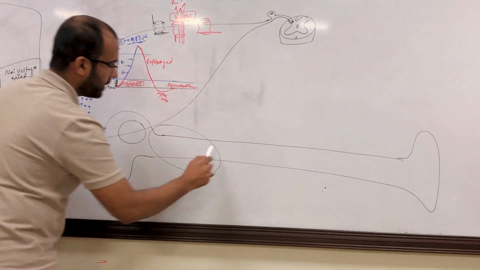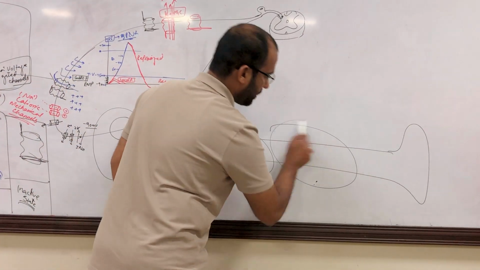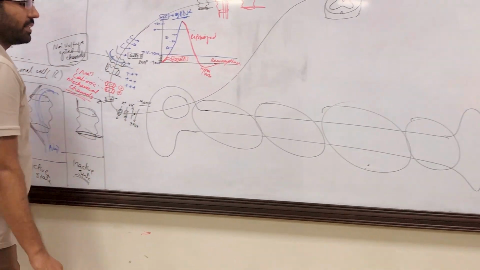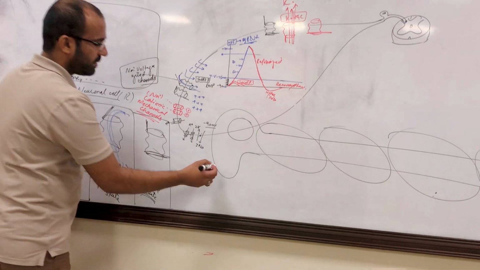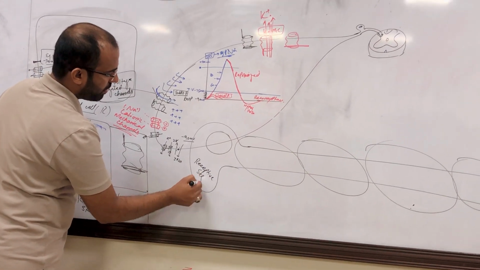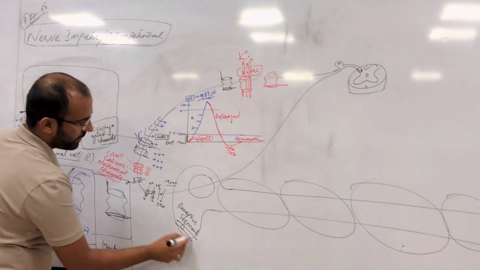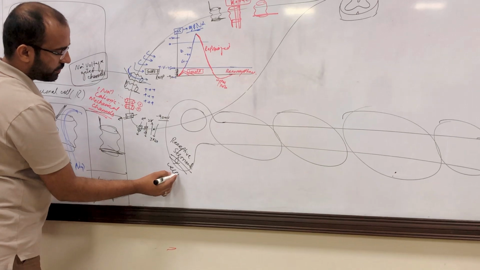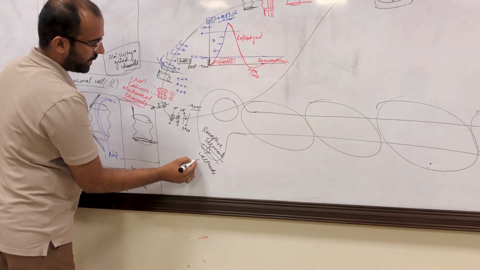This is segment number 1, this is segment number 2, this is segment number 3, and this is segment number 4. Remember, the neuron is divided into 4 segments. One is the receptive segment, which includes the cell body and the dendrons.